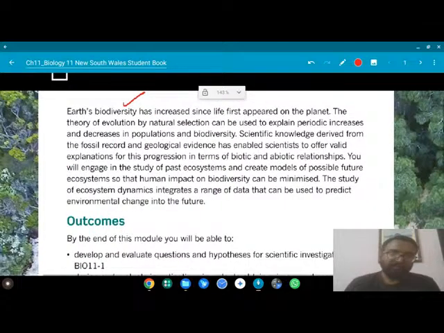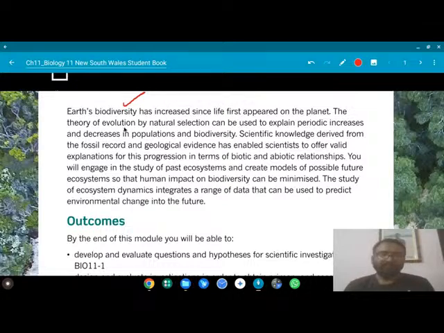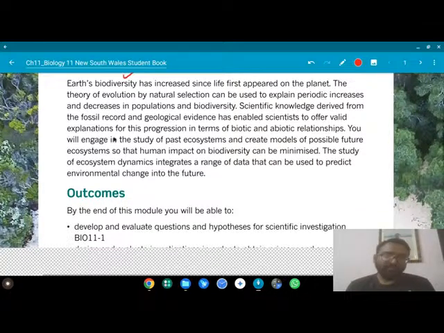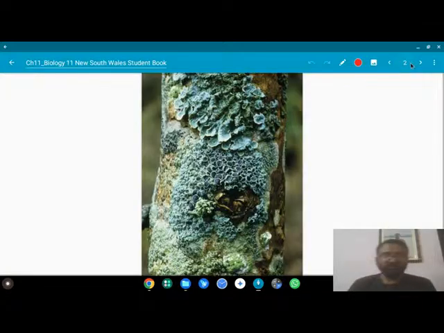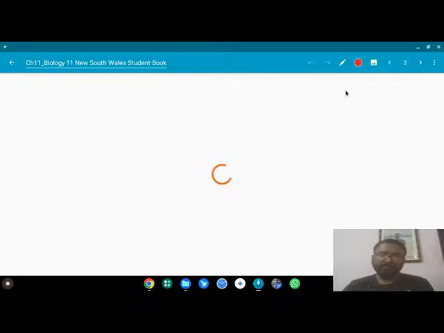So here we'll look at what outcomes have to be learned in this chapter. At the end of the module, you should learn to develop and evaluate questions and hypotheses of scientific investigation, and design and evaluate investigations in order to obtain primary and secondary data and information, and so on. We can learn all these things.